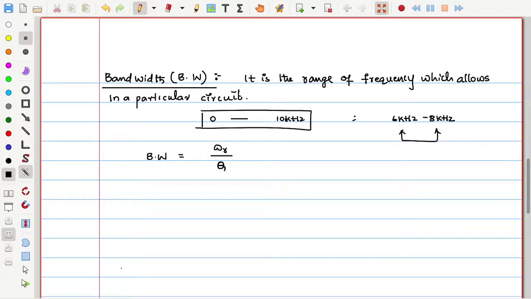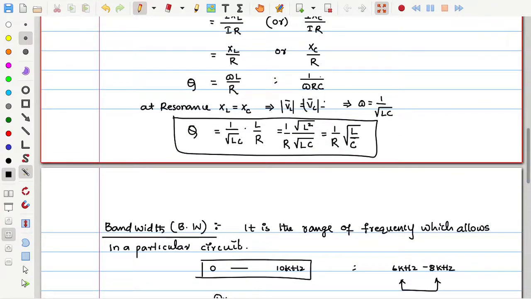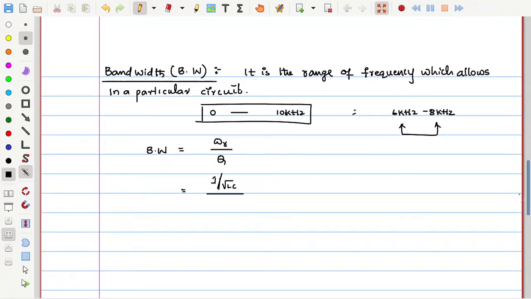We can write resonance frequency as 1 by square root LC, and quality factor in many forms: omega L by R, or 1 by omega RC, or 1 by R into square root L by C, etc. But in general it is the ratio between resonance frequency and the quality factor. So these are the important terms in this resonance concept.